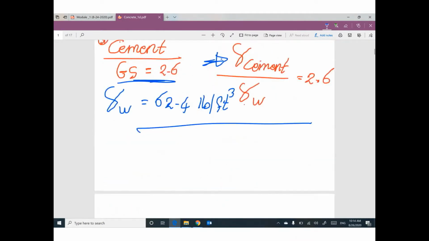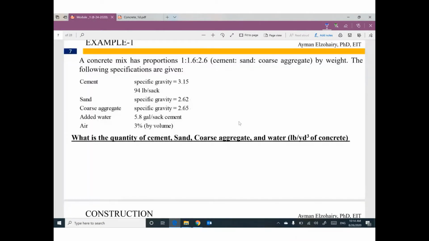We have the first example in our course. We have a concrete mix. So we can expect three main components: aggregate, cement, and water. We have a ratio between cement, sand, and the coarse aggregate.